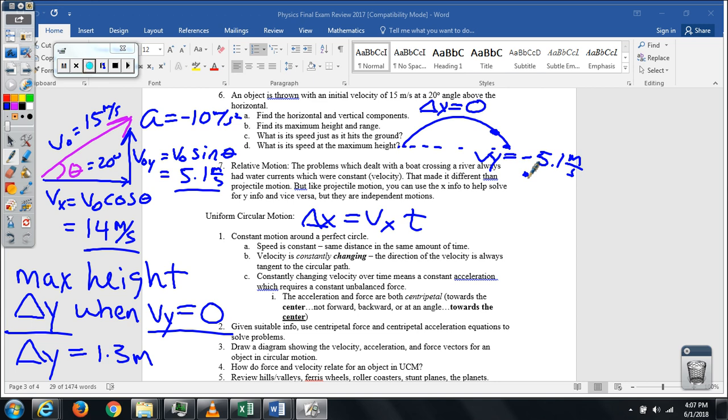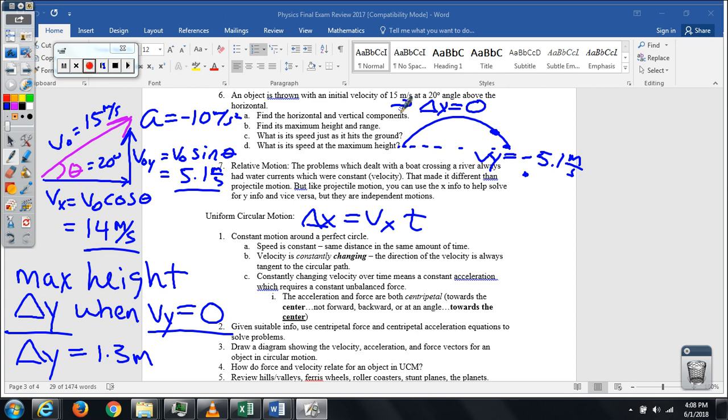Now that Vy is not the speed, remember? So if you want to find how fast it's actually going, you have to recombine Vy and Vx to find the resultant. But you do know what Vy is, so you could actually use the equation that doesn't have t in it. Or sorry, you're looking for time. So you want to use the equation that doesn't make use of the knowledge that delta y equals 0.